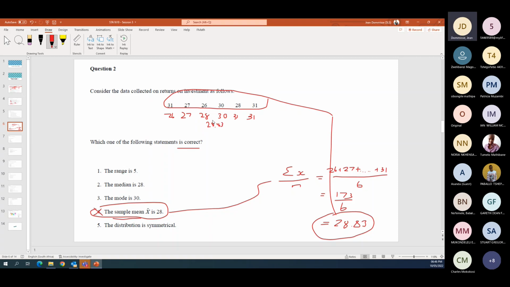It lies somewhere there. It's going to take all the other numbers into account, and then it's going to say, okay, but how do those numbers differ from 28.83? And with a calculation, we will then get to a variance. So the variance is just nearly a calculation of how different the data is towards the mean.